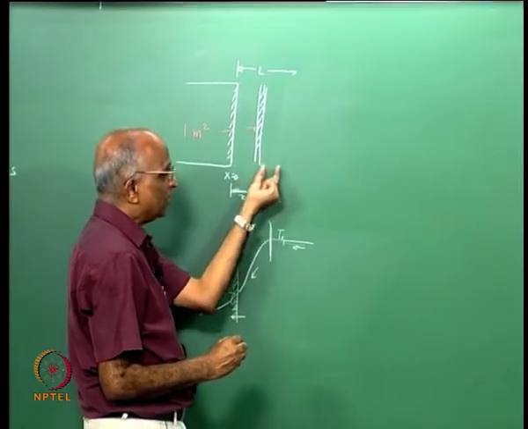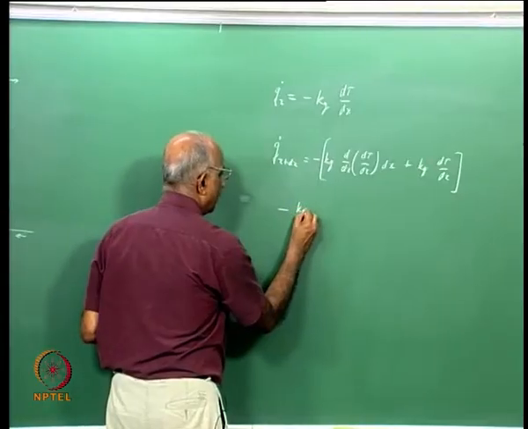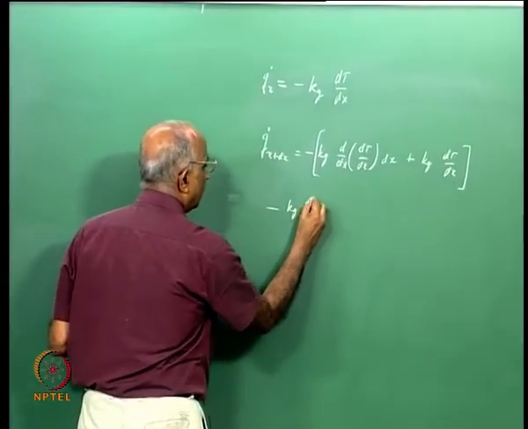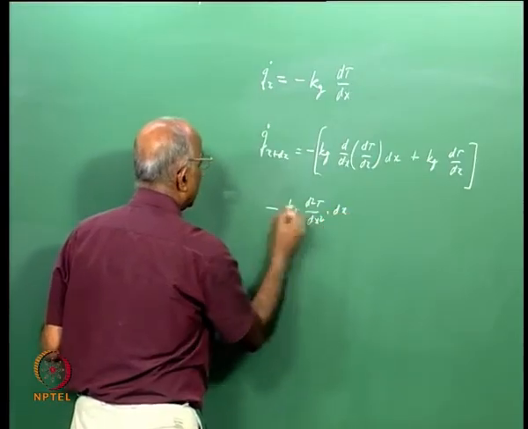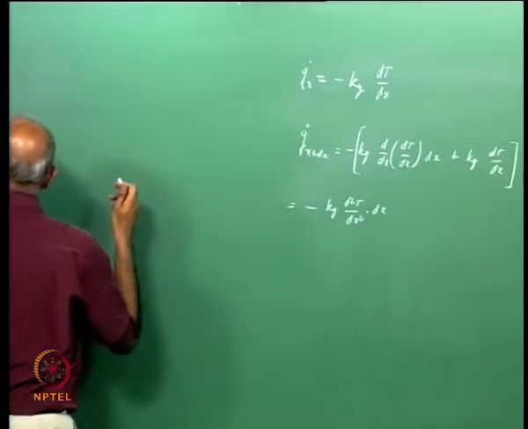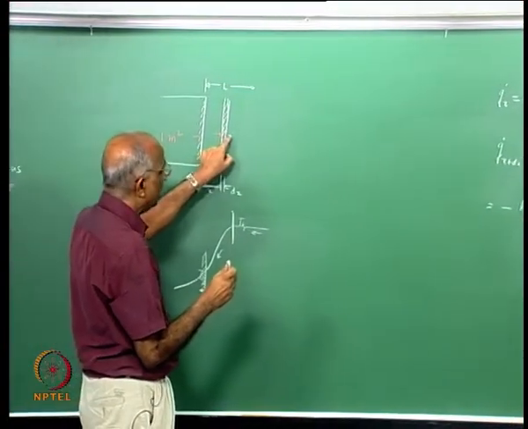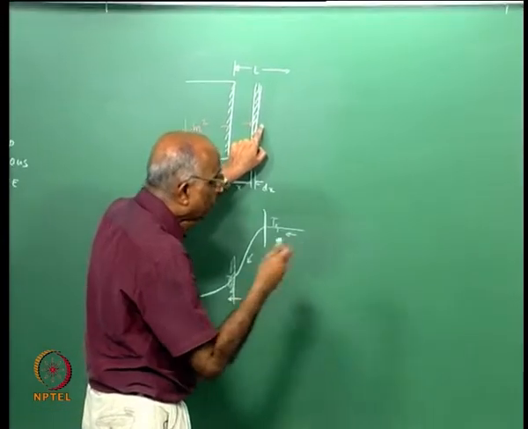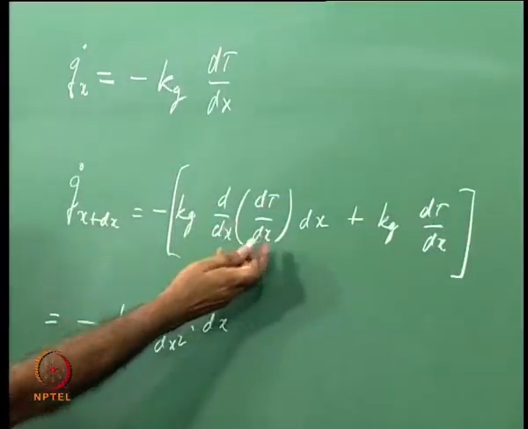The net heat which is leaving is equal to minus kg into d2T by dx square into dx, the net difference between the heat which is entering and leaving. Heat which is entering is equal to kg dT by dx, heat which is leaving is kg dT by dx plus a small increment which is d by dx of dT by dx into dx.